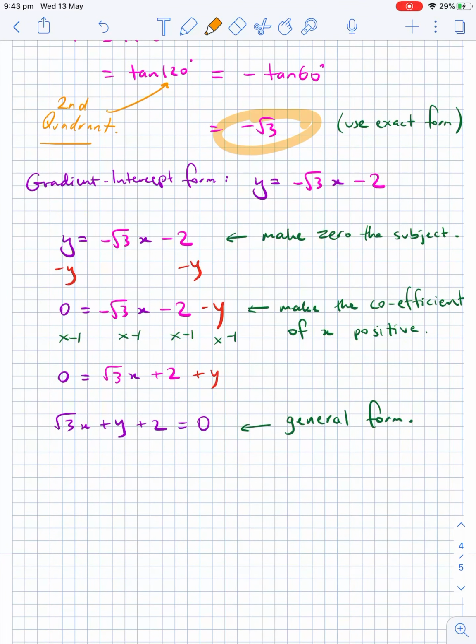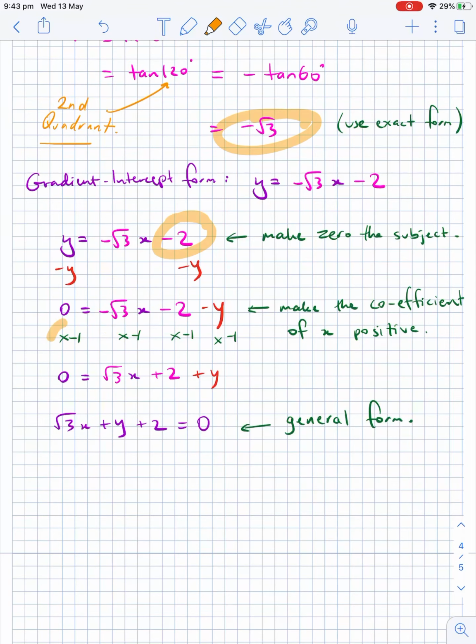So first up, let's get 0 on one side. We can take away the y from both sides. So we get that 0, because y take away y is 0, is equal to -√3x. The -2 comes down, and the minus y jots on the end. There are no like terms here to combine. Now we need our x coefficient to be positive.